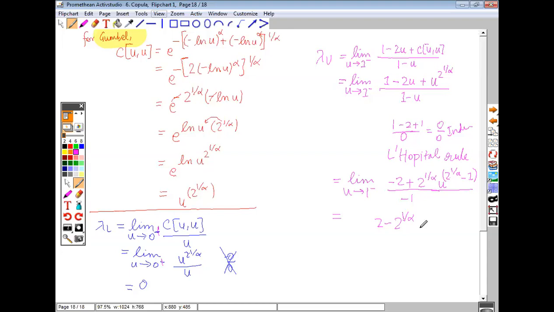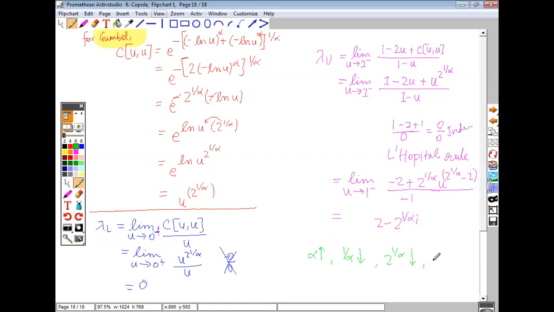And that is what will dictate how this Gumbel copula behaves. Let us say your value of alpha increases. Because this is 2 raised to 1 upon alpha, if my alpha increases, I know my 1 upon alpha decreases, right? And if my 1 upon alpha decreases, my 2 raised to 1 upon alpha also decreases.